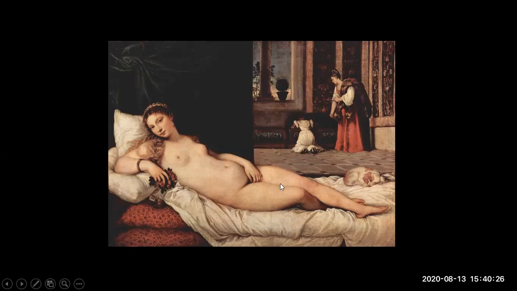And by the way, this is idealized feminine form. Okay, so this would be the ideal female body type for this time. And it might be a little bit thicker than what we've come to expect in our idealized female body type, right?